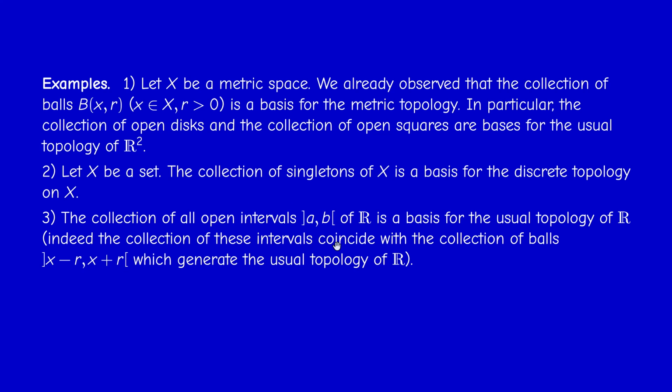So the collection of intervals actually coincides with the collection of balls of center x and radius r. So this is another way to see the usual topology of R. And more interesting examples will be seen later when we deal with the product topology.